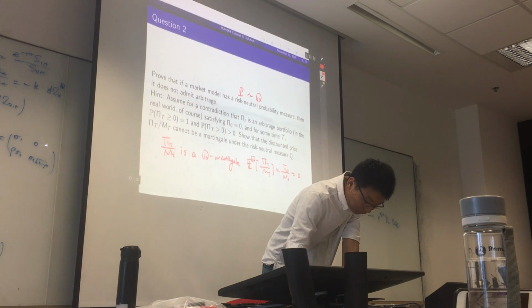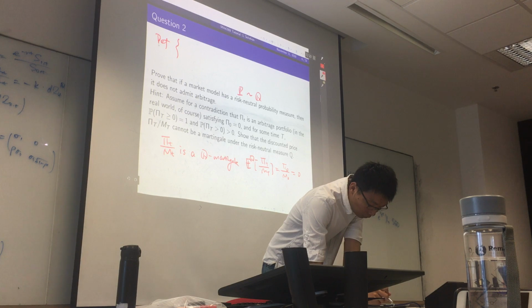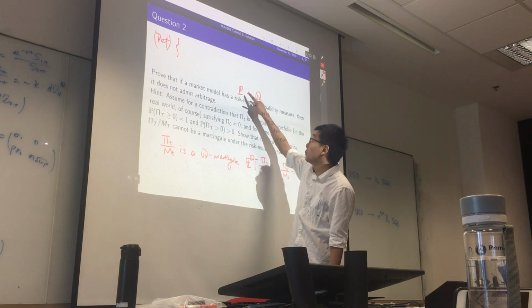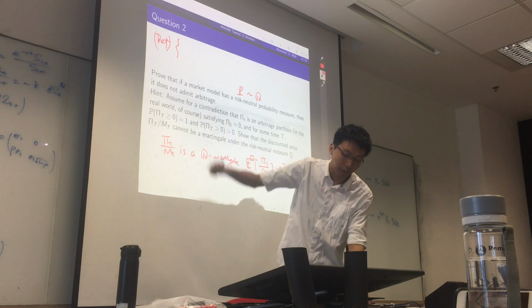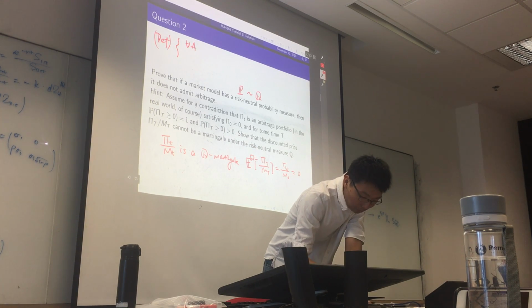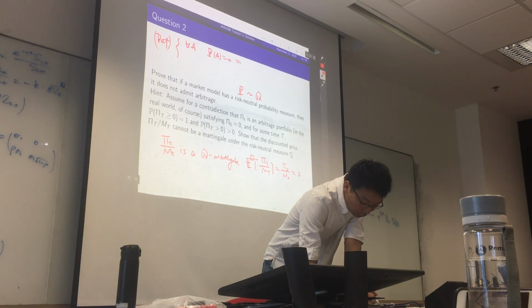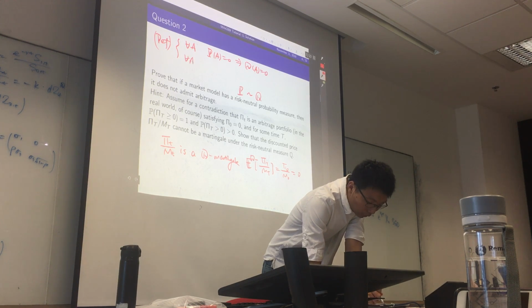So what does that mean? Mathematically, true probability P and Q being equivalent is defined in this way. It's just a definition. For any event A, P(A) equals 0 implies Q(A) equals 0, and vice versa. So what does that mean?